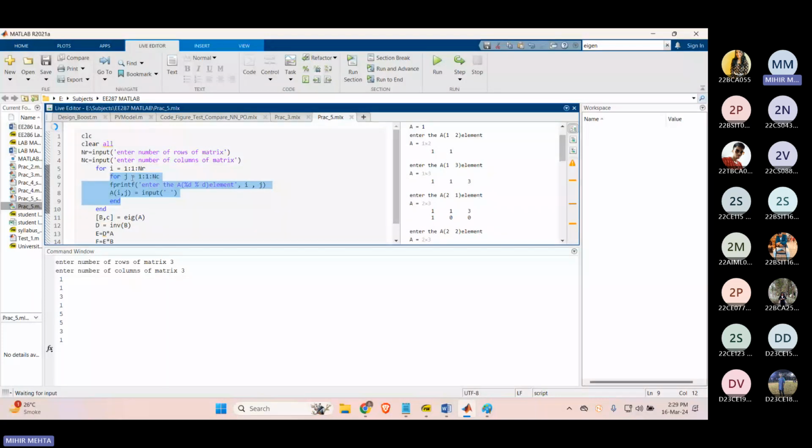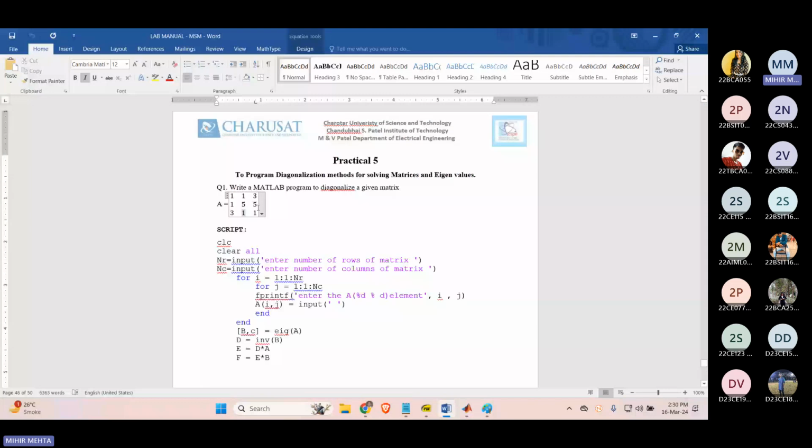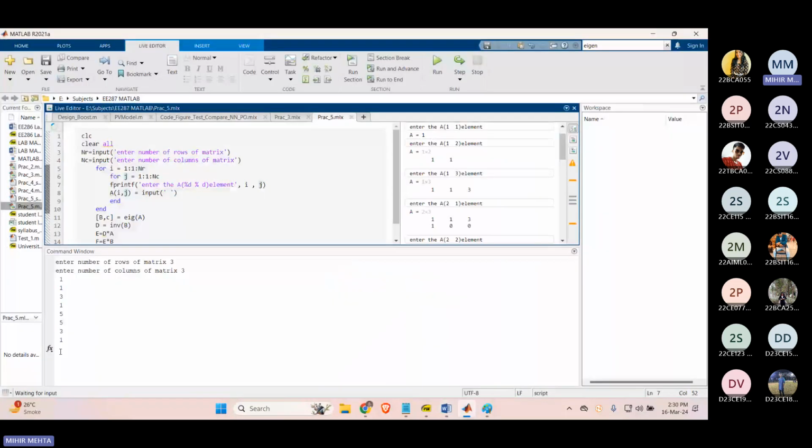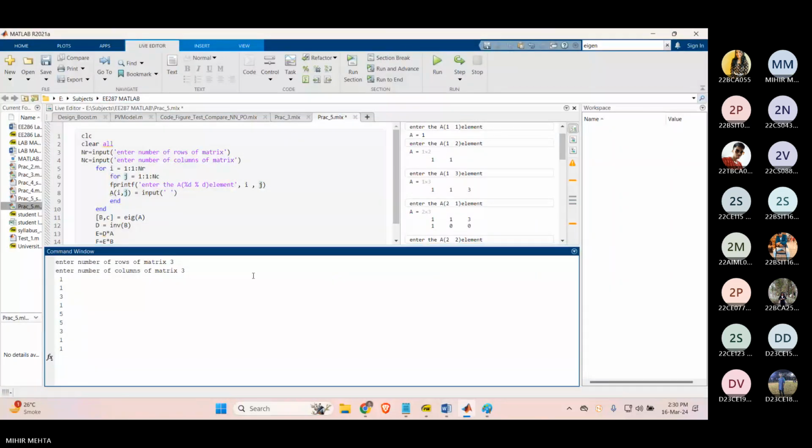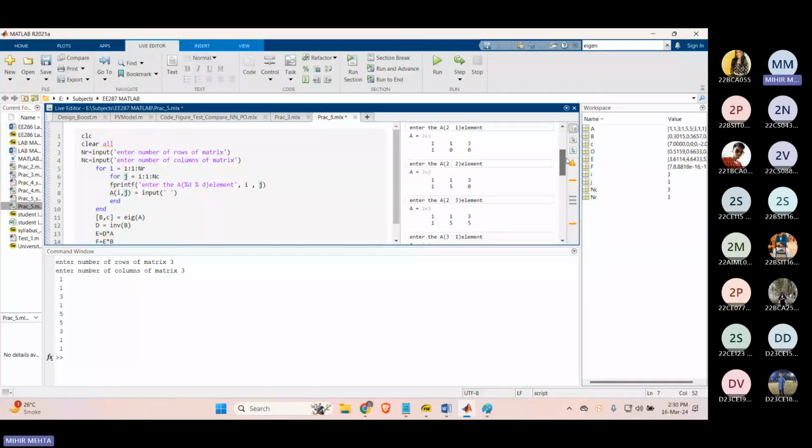Now here the value of i is already 3, and j has now turned 3. Again, what is the value of A33? That is 1. So I need to enter the value of A33, that is 1. Once that is done, my particular matrix would be formed.